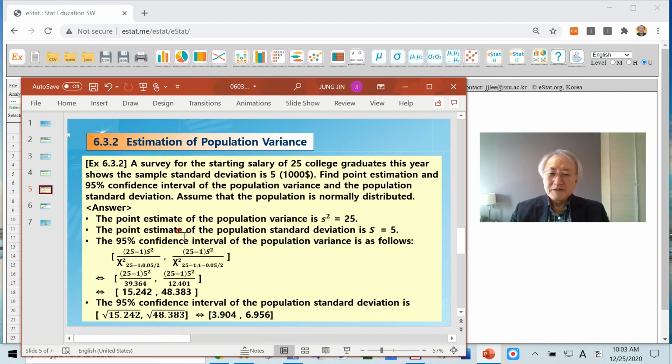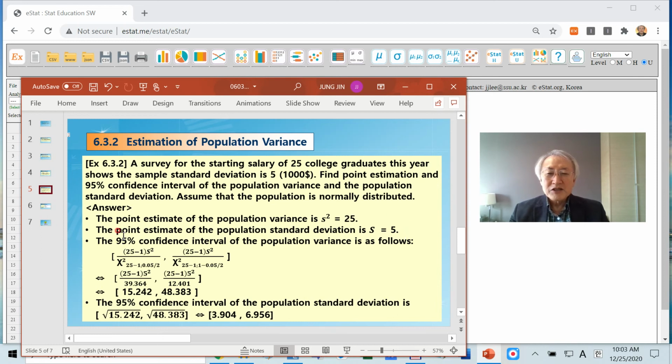Here's the example. Here's a college student sample where the sample standard deviation is 5. The point estimate of the variance would be the sample variance, which is 5 squared, 25. The standard deviation is like this.